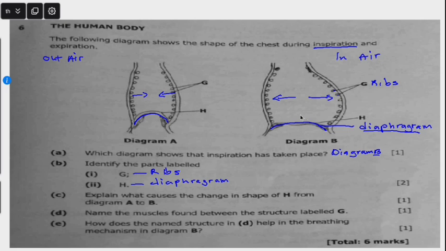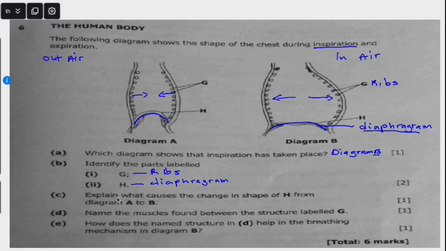During inspiration you are going to find that the ribs are going to relax, and then during expiration the ribs are going to contract. In short, during inspiration the ribs move upward, and during expiration the ribs move downward. So that is what is happening.